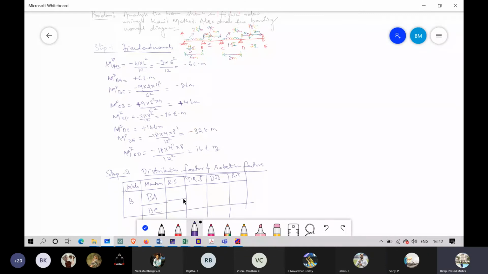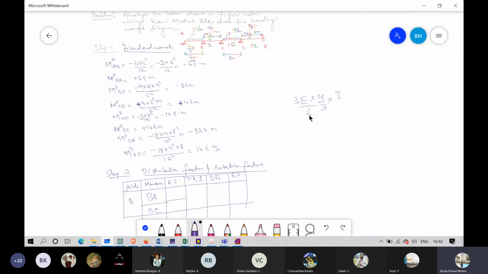What will be the relative stiffness for BA, since it is hinged? It will be 3EI by L. So 3E into I is 4 by 3 into I divided by L, which is 6 meters.